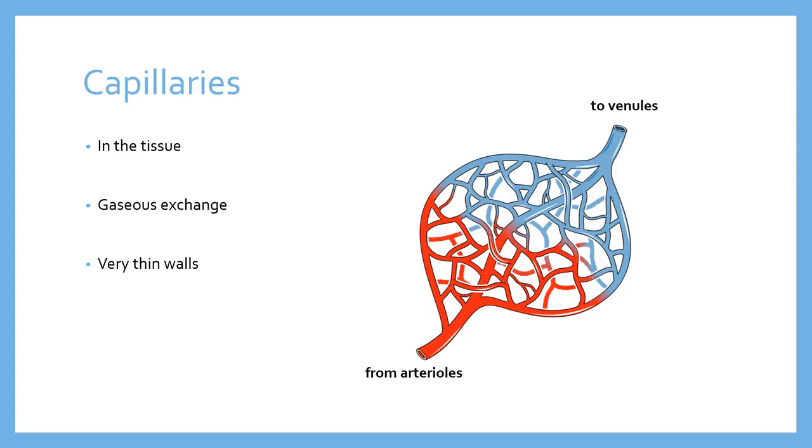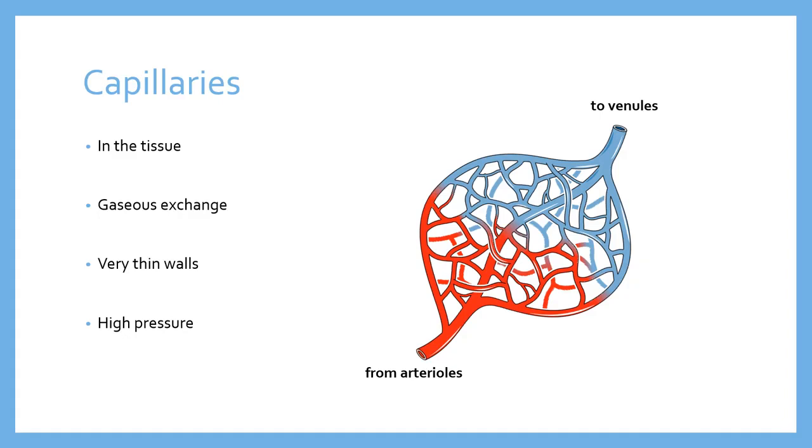So the rapid uptake or drop off of oxygen and carbon dioxide, depending on where we're talking about, is enabled through these really thin capillary walls. And the other thing to note is that because these capillaries have been supplied with blood from arteries, they retain relatively high pressure.